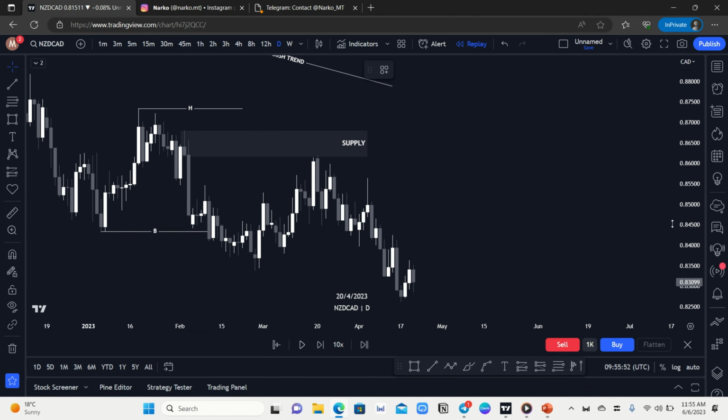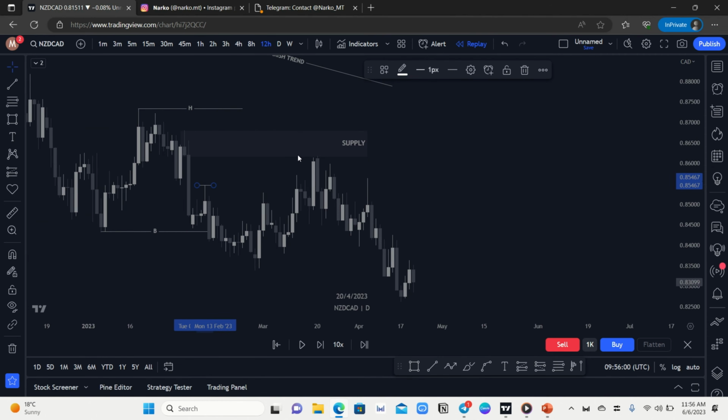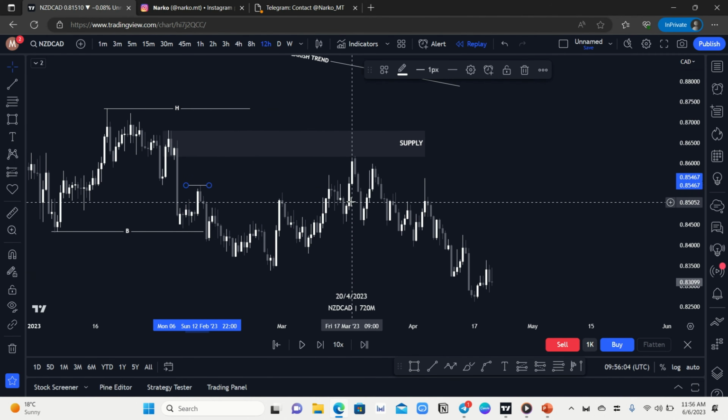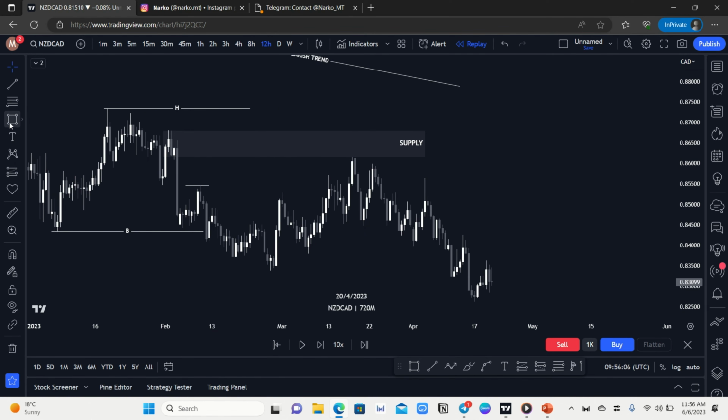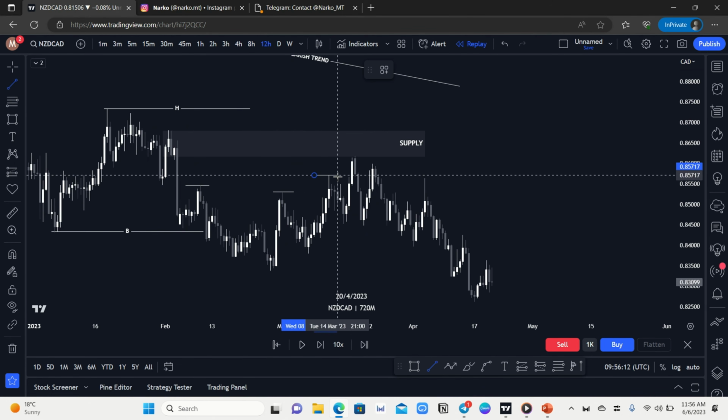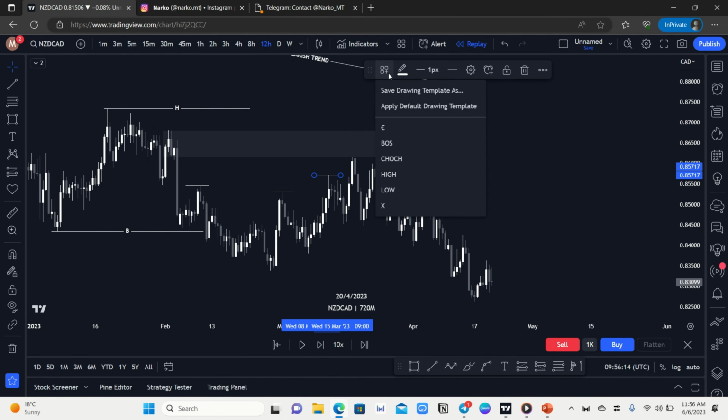All this here is found as internal range liquidity. Let me just go to the 12-hour chart so that you can see it nicely. So all this here is found as internal range liquidity.